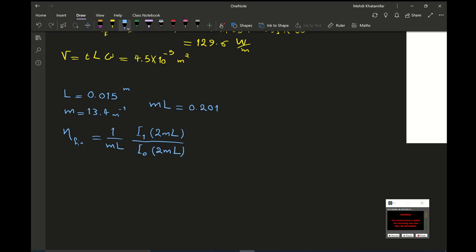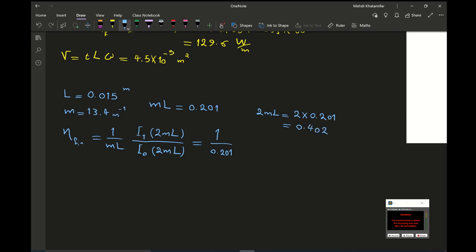Okay, now let's find this. 1 over ml was 0.201, and we need to find the Bessel function. So what is the value for 2ml? 2ml is going to be 2 times this value, 0.201, which is going to be 0.402.